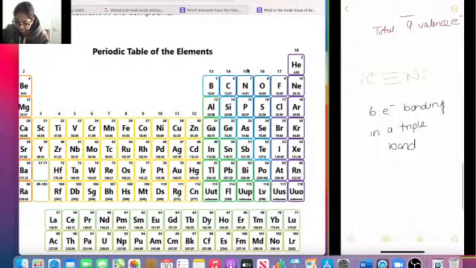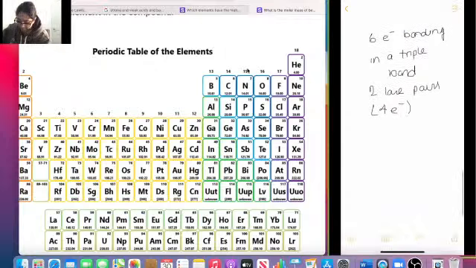And now we have basically 2 lone pairs, right? And so this means we have 4 electrons. And so if you add the total number of electrons, we have 10.